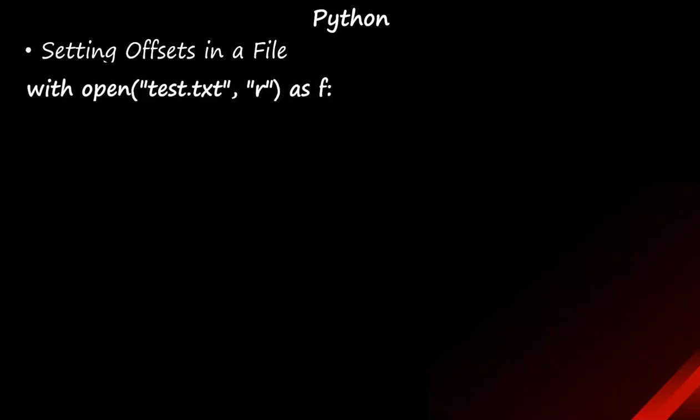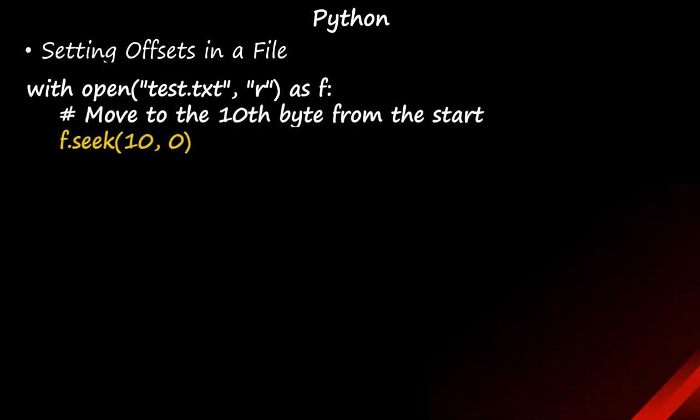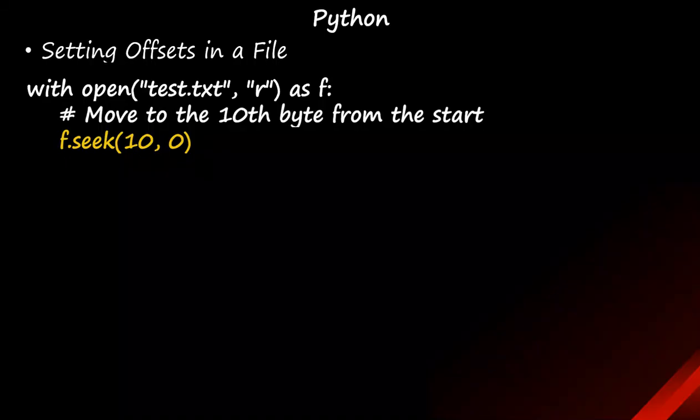For example, let's say you are opening a file, test.txt, in r mode. While doing this operation, you can see f.seek(10, 0).